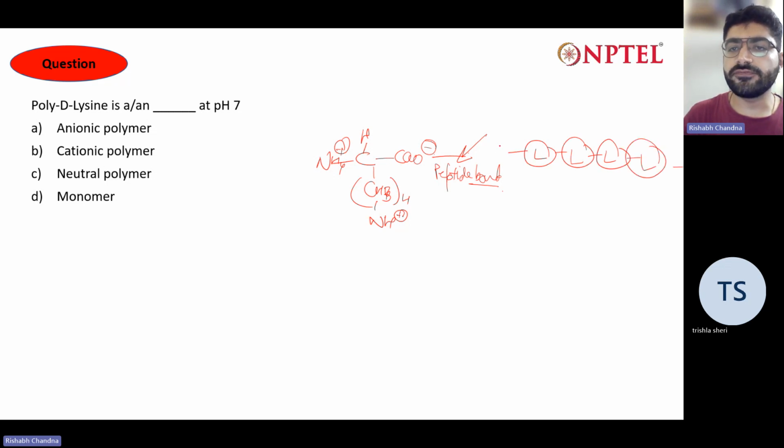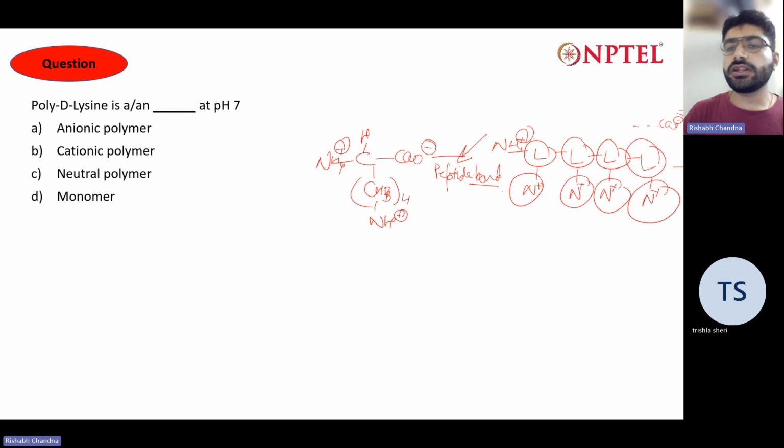It has a free amino group at one end, and at the far end, it has a free carboxyl group. But it has one more group, an amino group that is its side chain. So it is also free in every case.